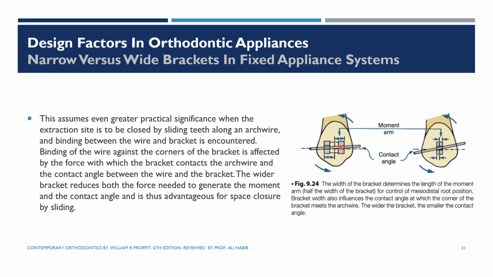So the minute the wire develops an angle, or the tooth bends over the wire, this will create resistance to sliding called binding. So having narrower brackets will create more binding, which in turn will create more resistance to sliding than wider brackets. This is another advantage for wider brackets.